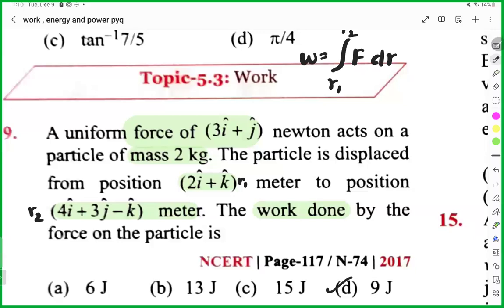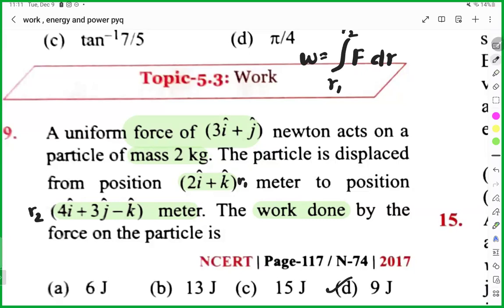Others, make it fast. Jordan, Anvita, Pratigya? Pratigya, 1 minute, sir.